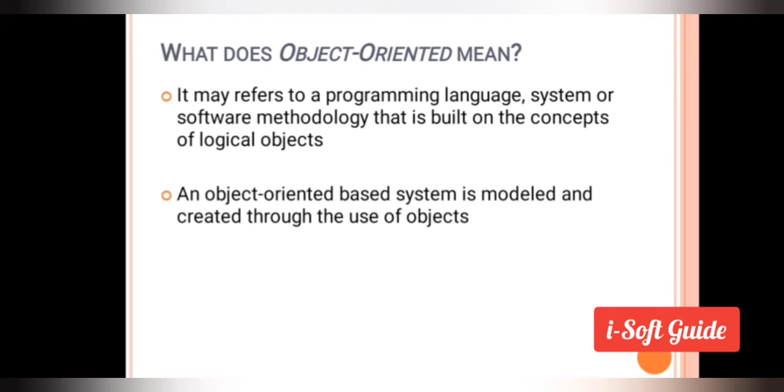So what is object oriented modeling, or what is object oriented first? Object oriented means oriented on object, or focused on object. It may refer to any environment, for example a programming language, a system, or a software methodology.